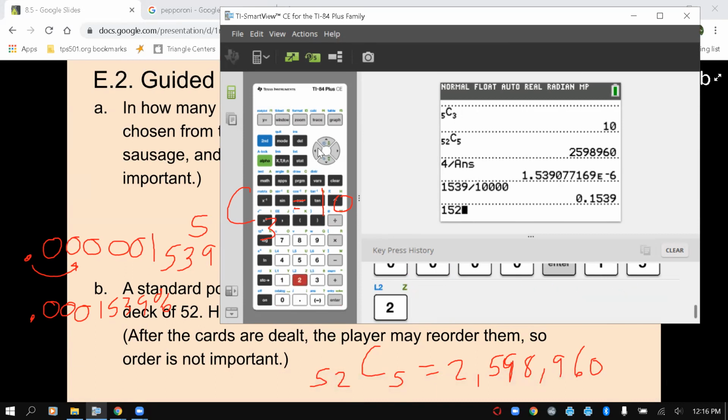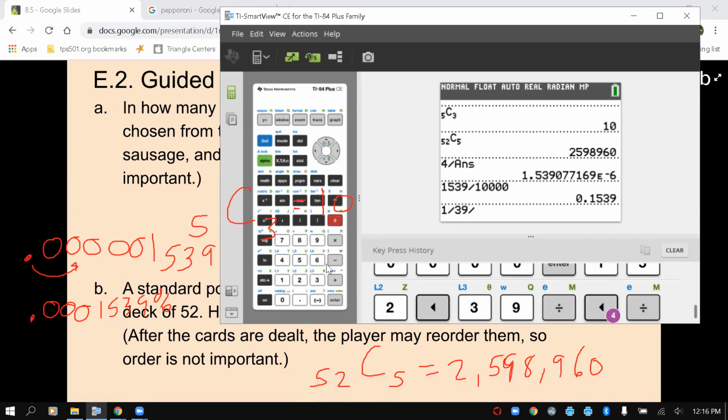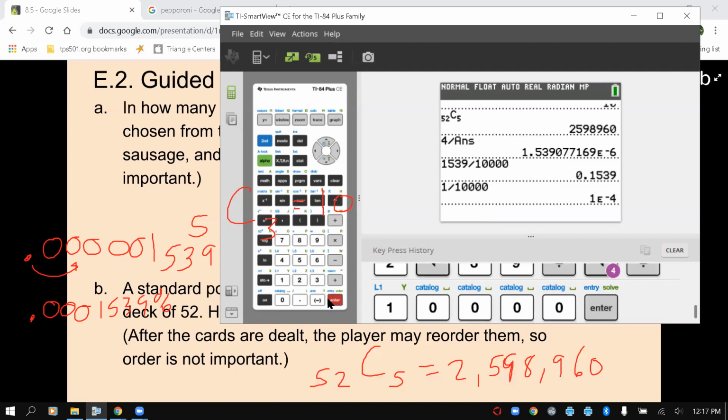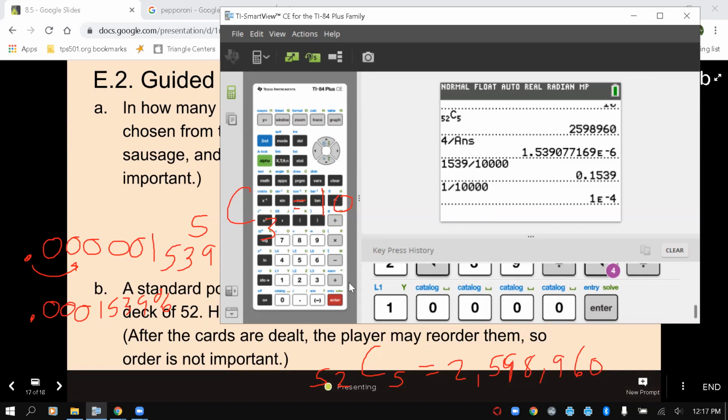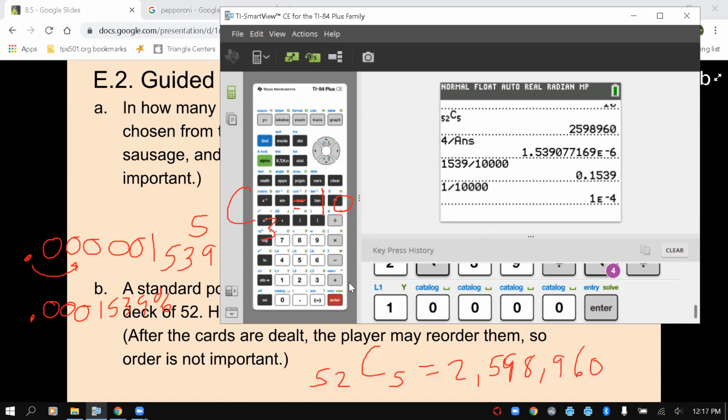I need 3 more zeros. Oh, no. Hold on. Is that right? Yeah. 1 in 10,000, or 1.5 in 10,000 to be more exact. If you played poker 10,000 times, you would get a royal flush once, theoretically speaking.